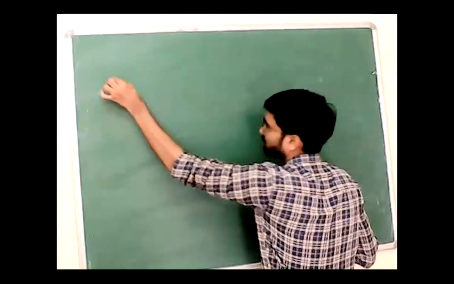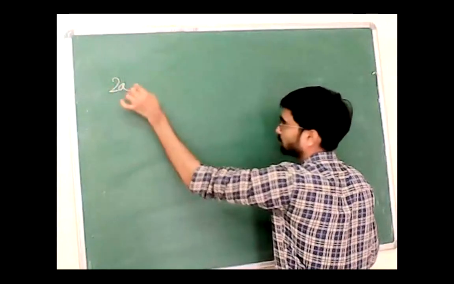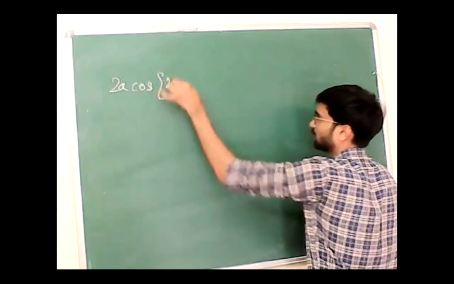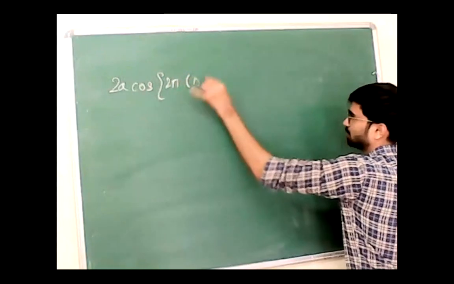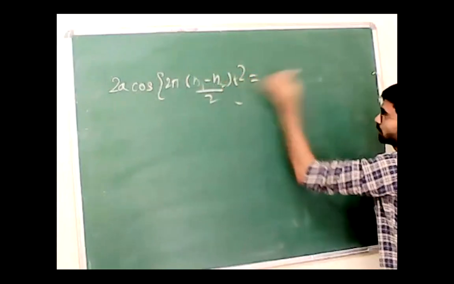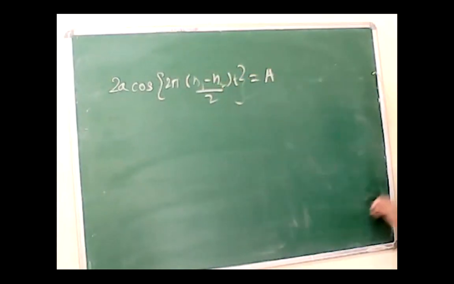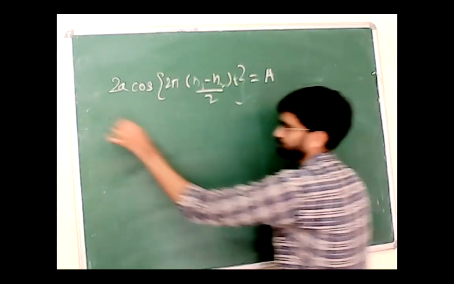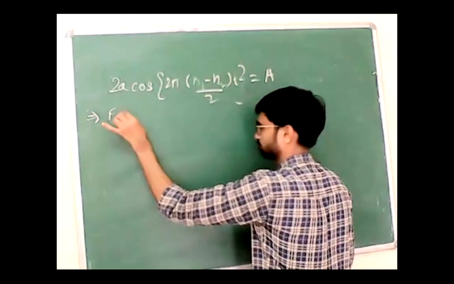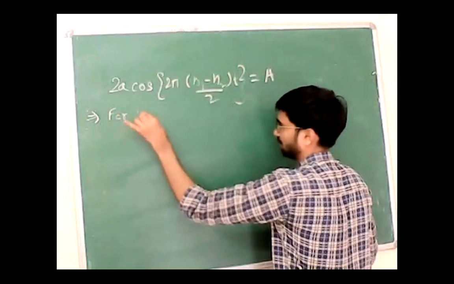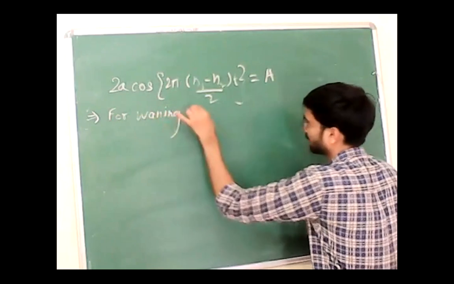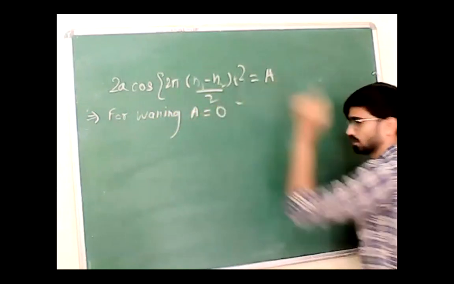Again let me write the equation for amplitude. The equation was 2a cos(2 pi (n1 minus n2) divided by 2 into t) equal to A. Okay. In the waning condition, the amplitude is 0.